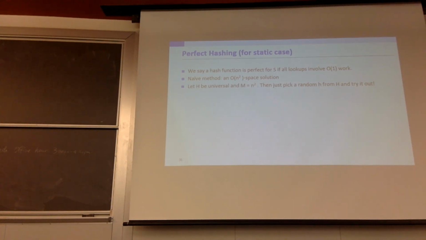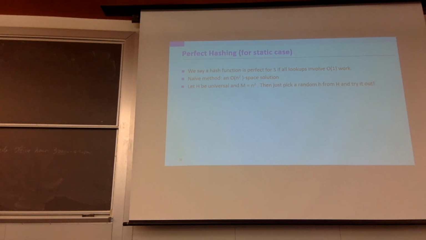That requires the length of the chains in each of the buckets to be deterministically bounded by a constant. So how can we do that? Of course, we cannot guarantee that for every choice of S. If you give me any S, as we discussed before, any choice of the deterministic hash function is not going to work.